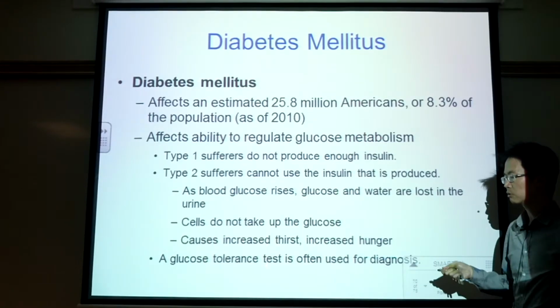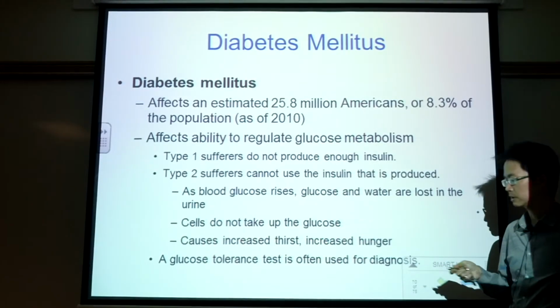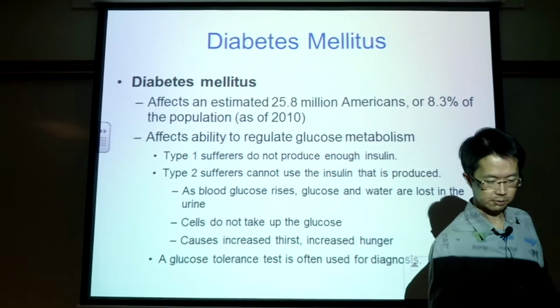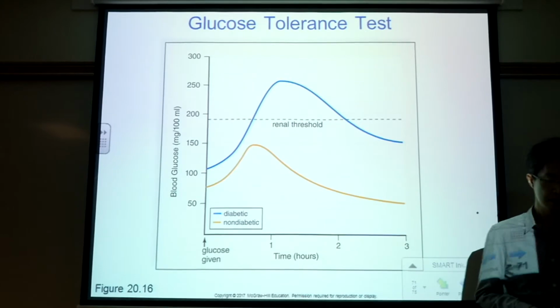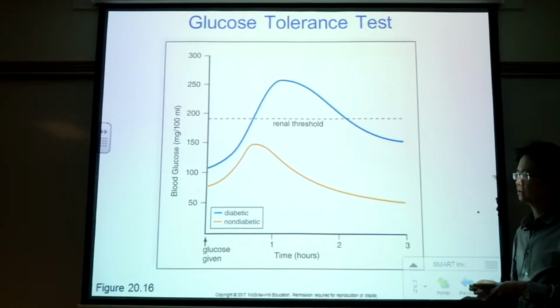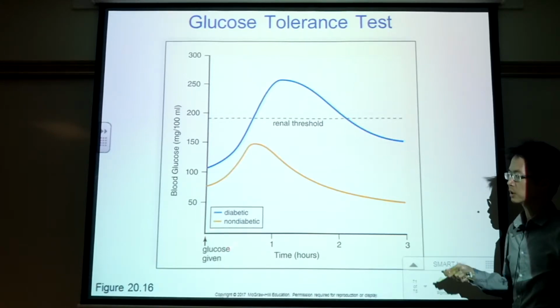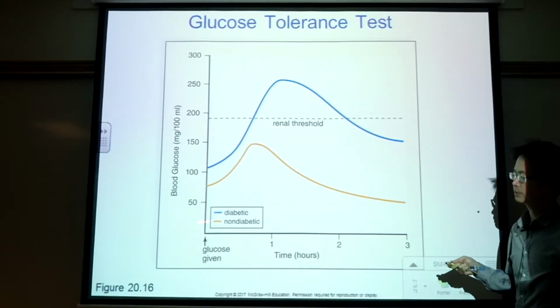We use something called a glucose tolerance test to see if the person has diabetes. What we do is give glucose or inject glucose into the person's body.